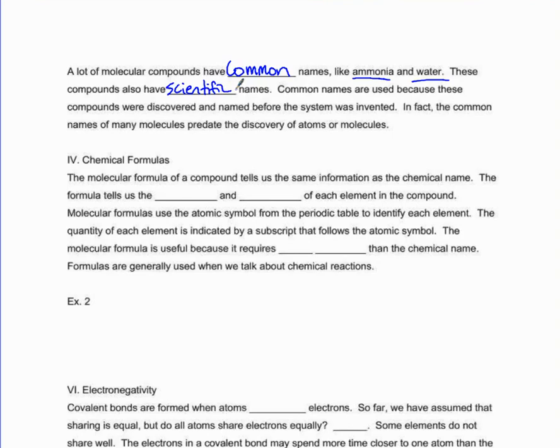But the common names are used because they're familiar. These compounds were named and discovered well before this system was invented. In fact, the common names of a lot of molecules will predate the discovery of atoms or molecules, and they go back way further than really any organized chemistry in general.